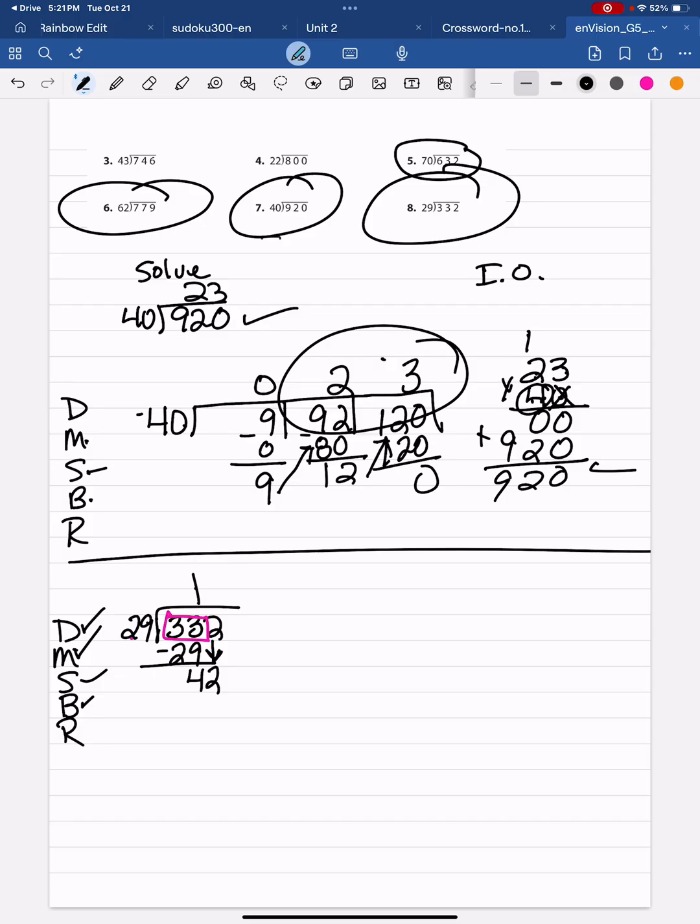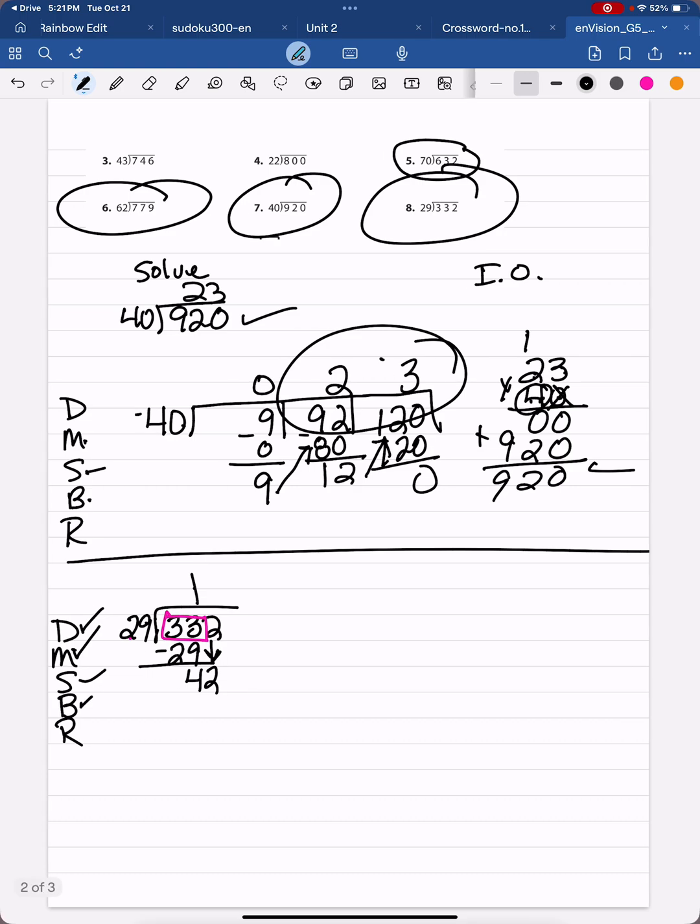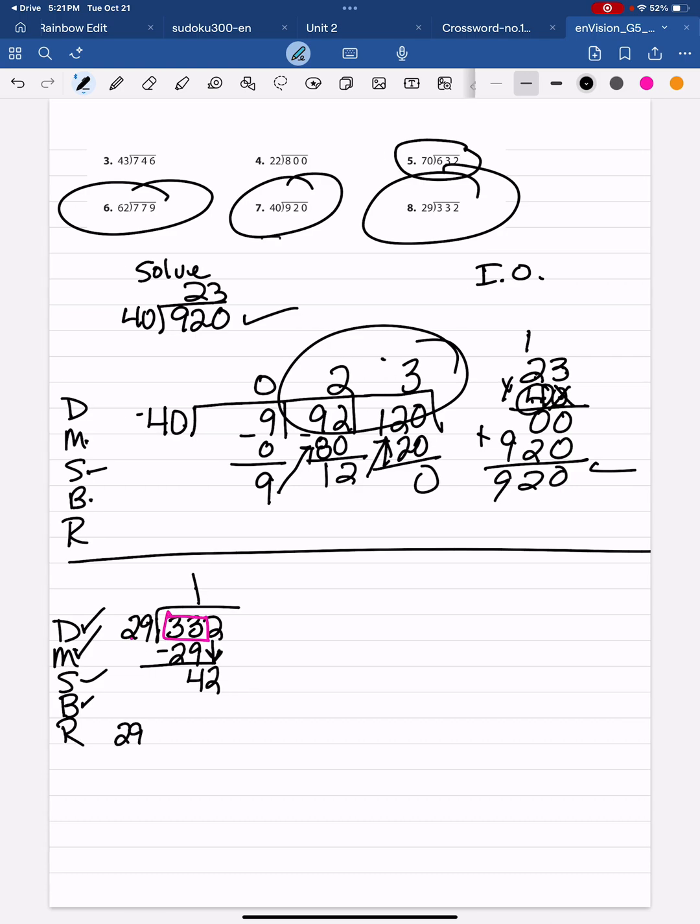How many times will 29 fit into 42? Well, we know that 1 times 29 is 29. 29 2 times is 58. That's too many. So it will only go in there one time.